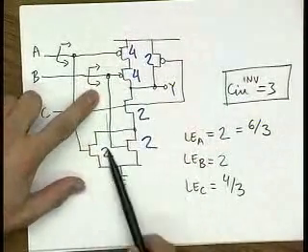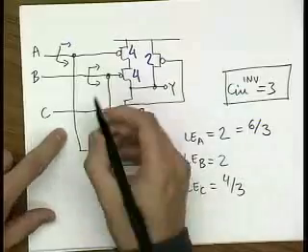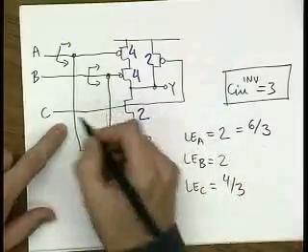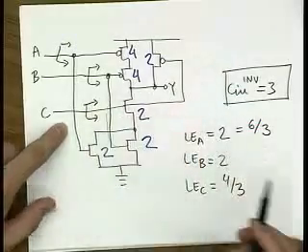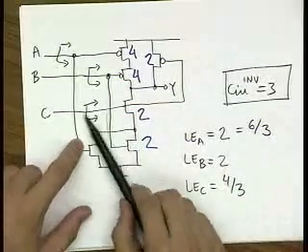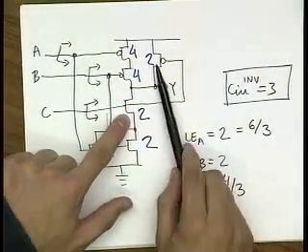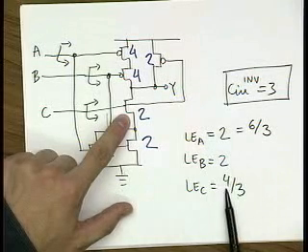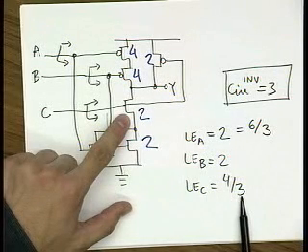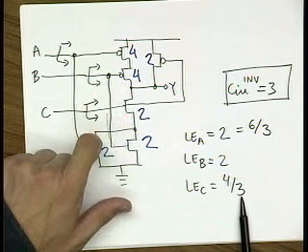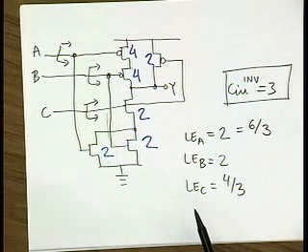So you have 4 and 2, 6. And then finally this tricky guy over here. It's actually a good guy because it doesn't take too much effort. So you have 2 over here and another 2 over here. So that's 4 over 3. Okay?